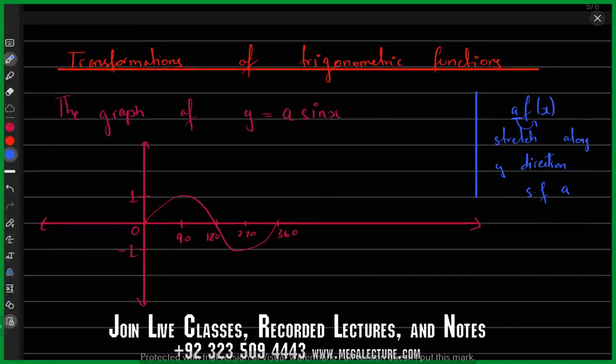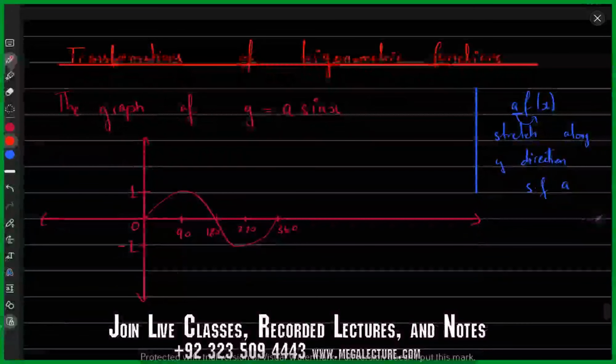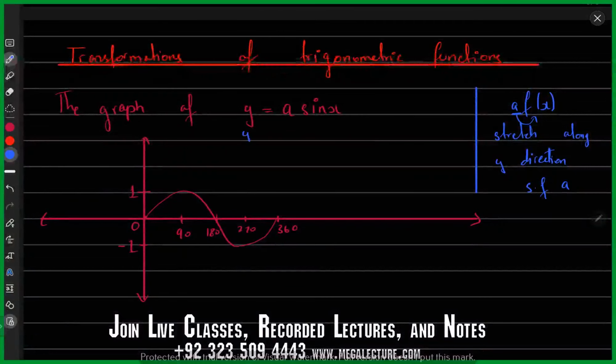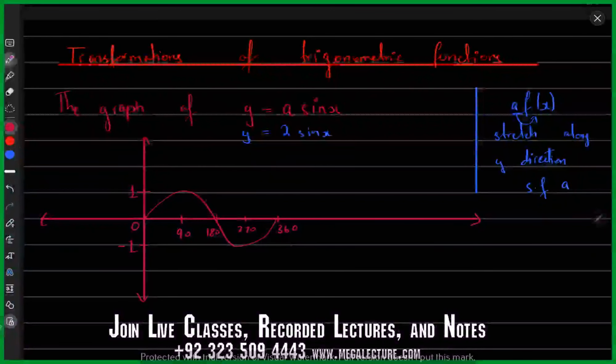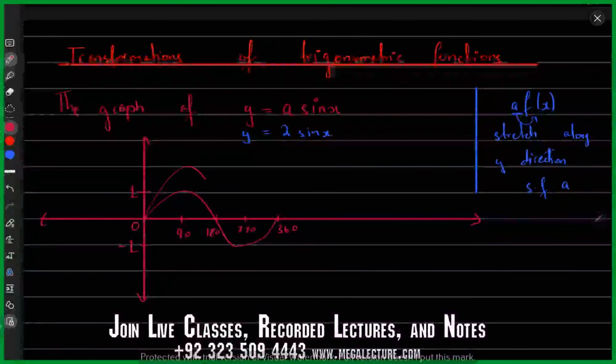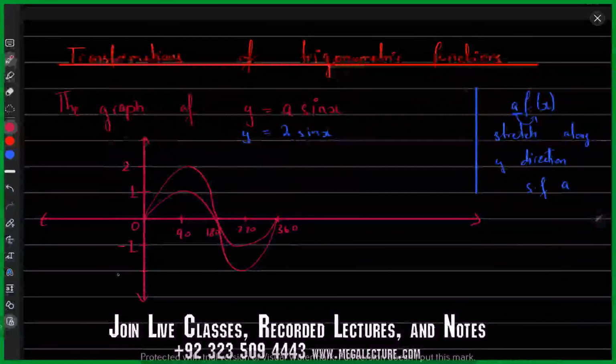So for instance, if I say that this time around we want to talk about the graph of y equals 2 sine x, what would happen? My graph, my pink graph, is going to stretch vertically by a stretch factor of 2. So these x-intercepts are not going to change. All the concept is exactly the same, whatever way we have discussed at that point as well. And this is what I would get, right? So this would become 2. This would become -2.